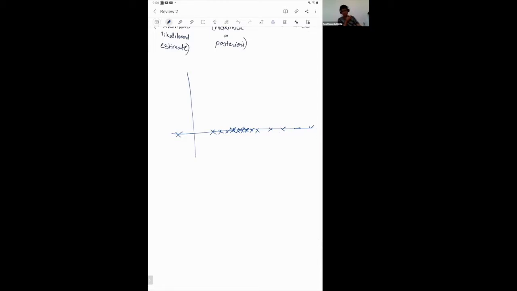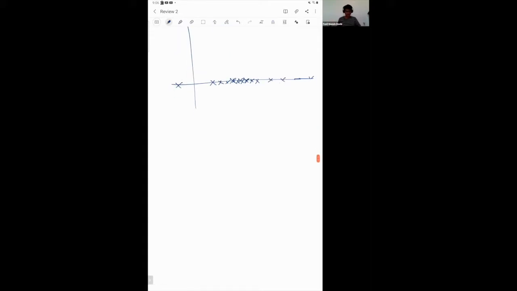Let's say I'm giving each one of you the task of defining a probability distribution from which this data came. You are just seeing these samples of some distribution, but you don't know which distribution these data points come from. I give each one of you the task of giving me a probability distribution that you think these data points come from.